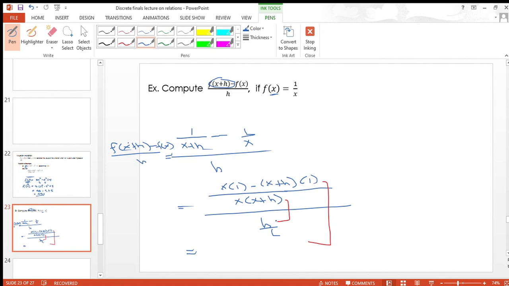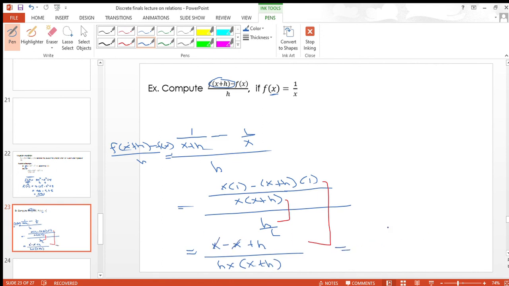So this is just 1 multiplied by the numerator, which will be the numerator itself. So that's x minus x plus h. So I have already simplified the numerator. Then everything divided by h times this. So you have h times x times x plus h. X minus x will cancel out.